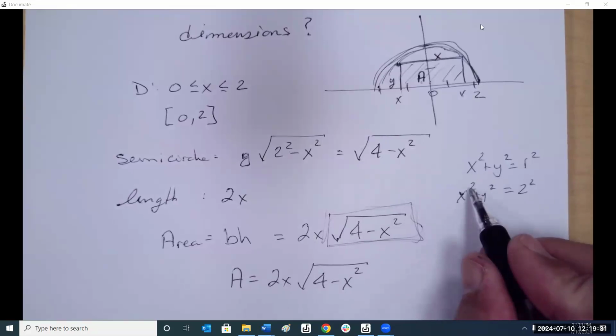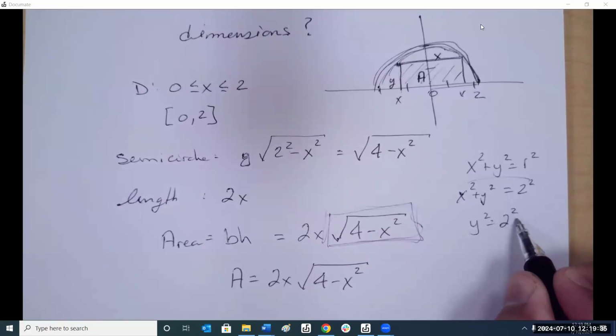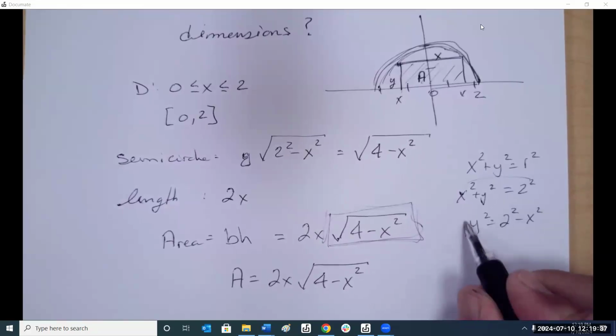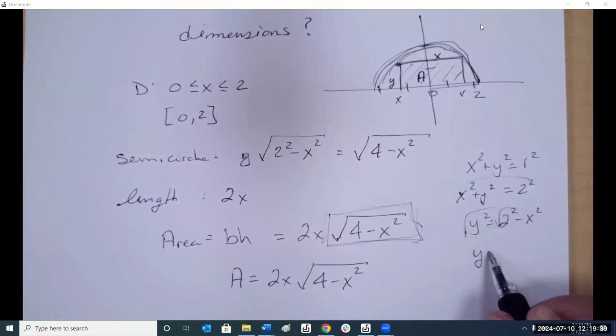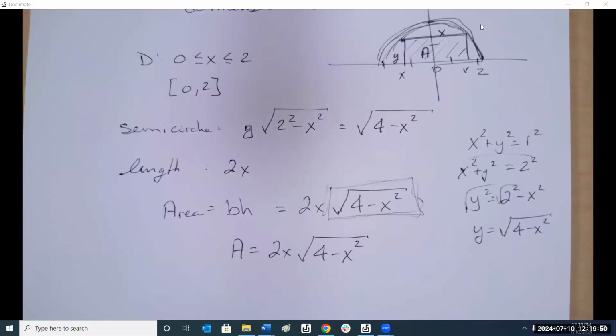If we have the x's, move the x over there. So we have y squared equals 2 squared minus x squared. And then square root both sides. I'm sorry, I shouldn't have jumped through it so fast.